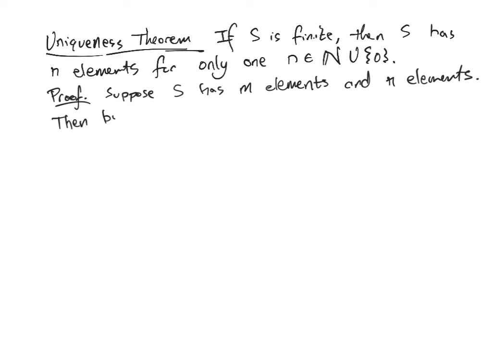Then by the definition, oops, I just saw somebody asked in chat if I could scroll up a bit. I'm going to scroll up to the definition here in a second.